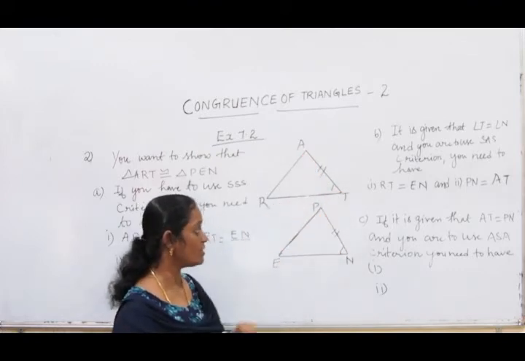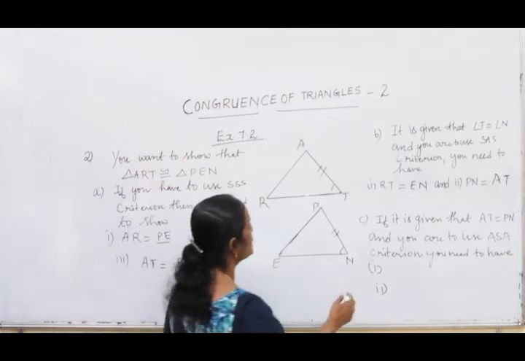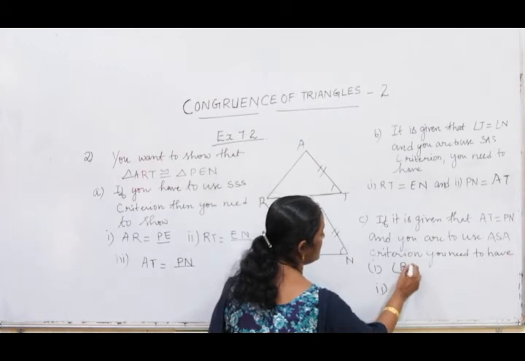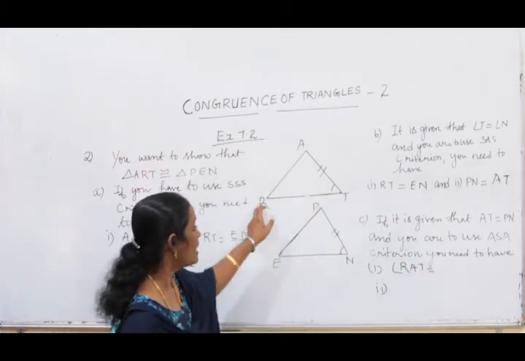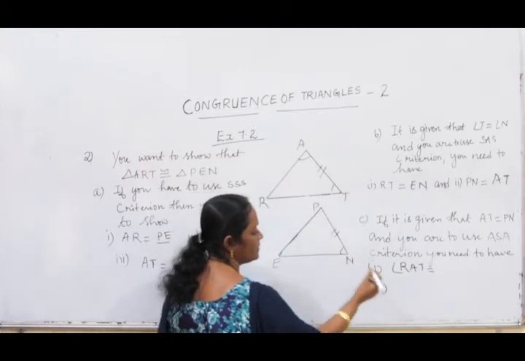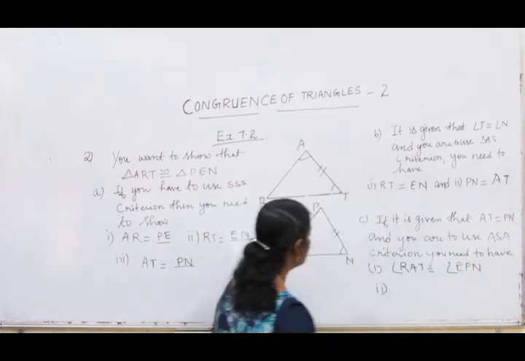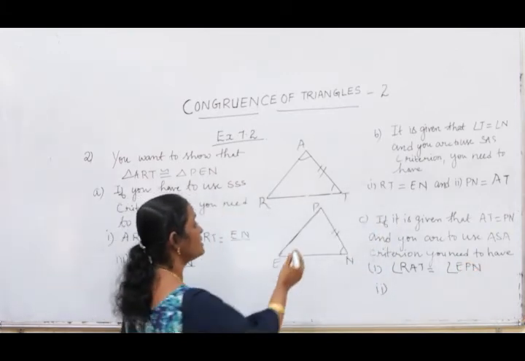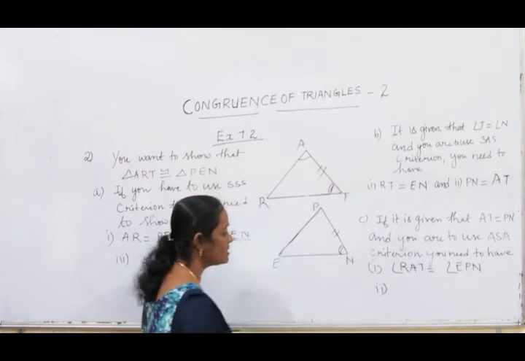So यहाँ पर ये दोनों एंगल इक्वल होने चाहिए. So that is angle RAT. Angle RAT should be equal to angle EPN. Next, this angle, these two angles should be equal.